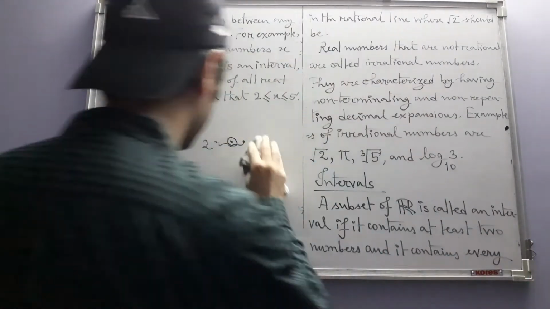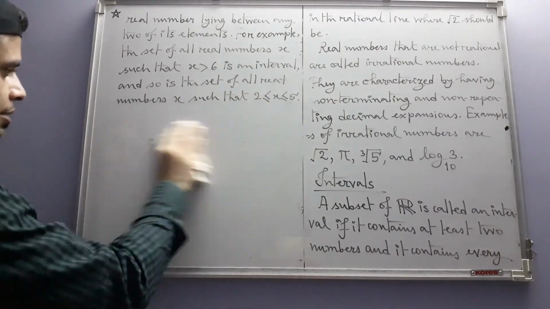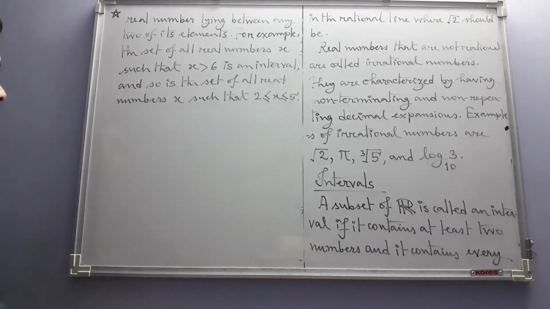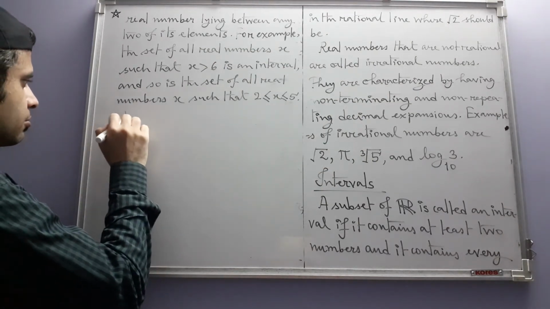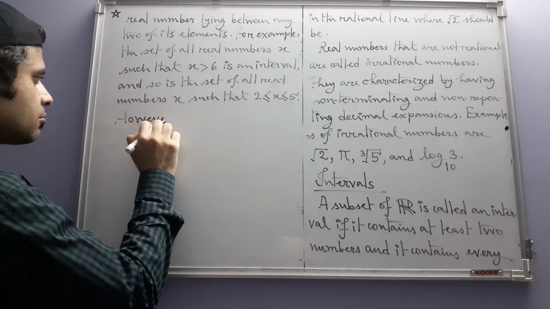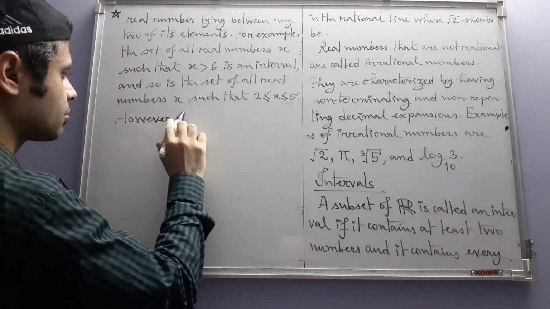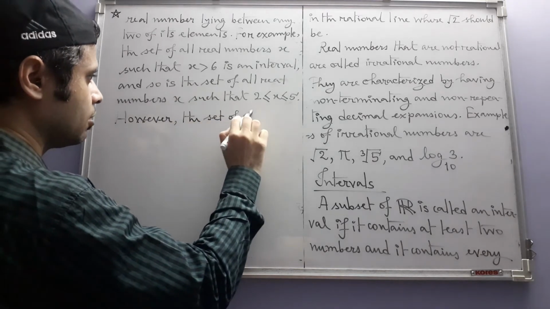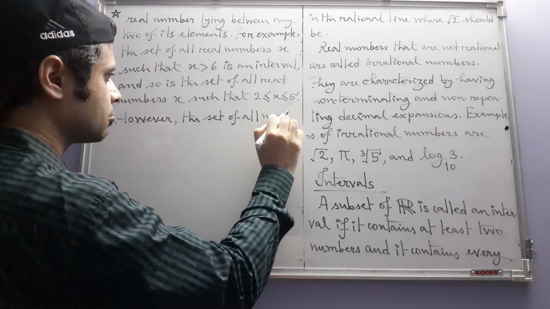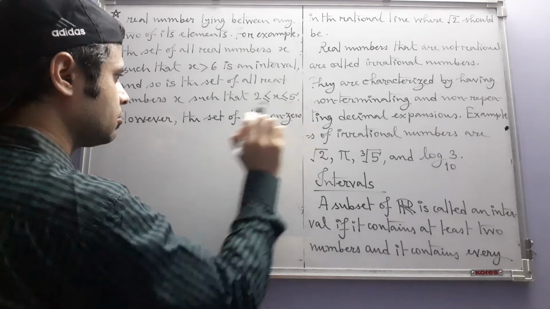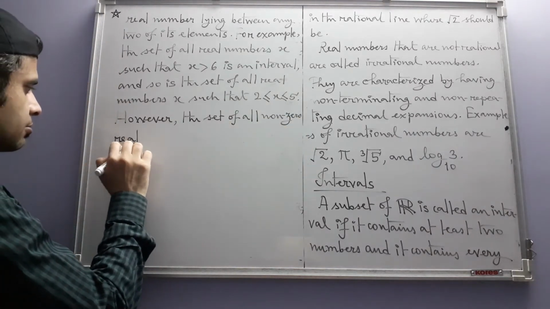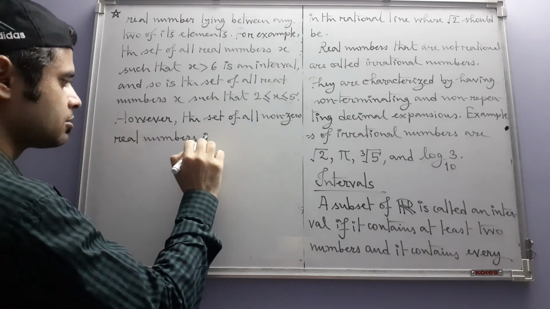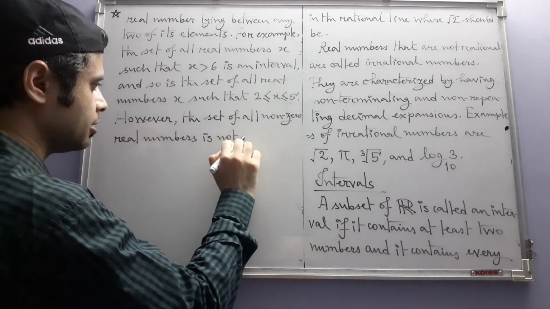However, let us now look at a non-example, that means a subset of R that is not an interval. The set of all non-zero real numbers is not an interval.